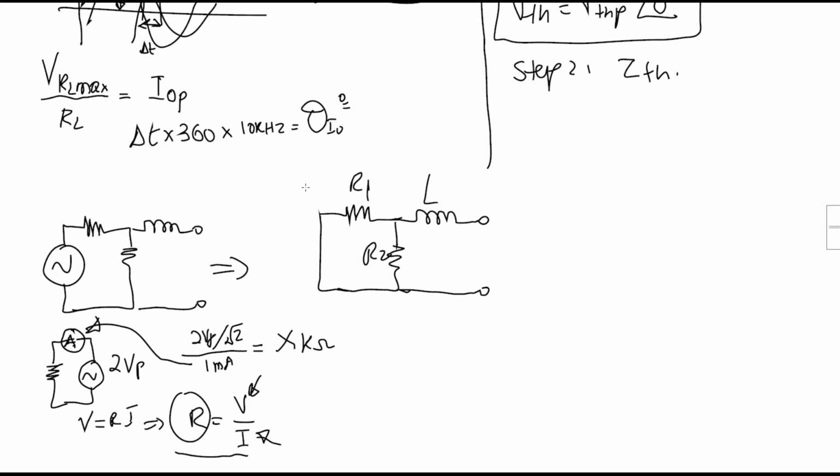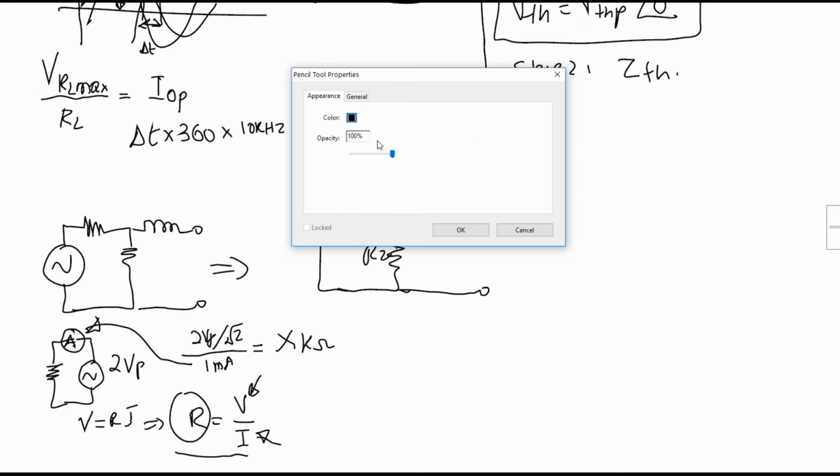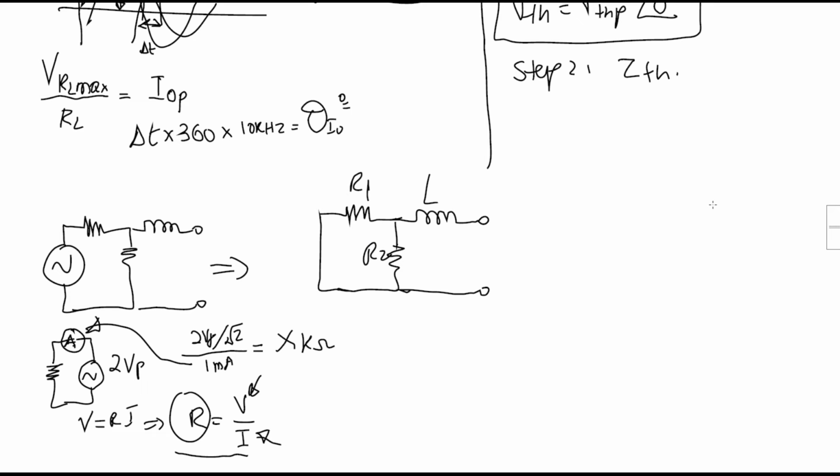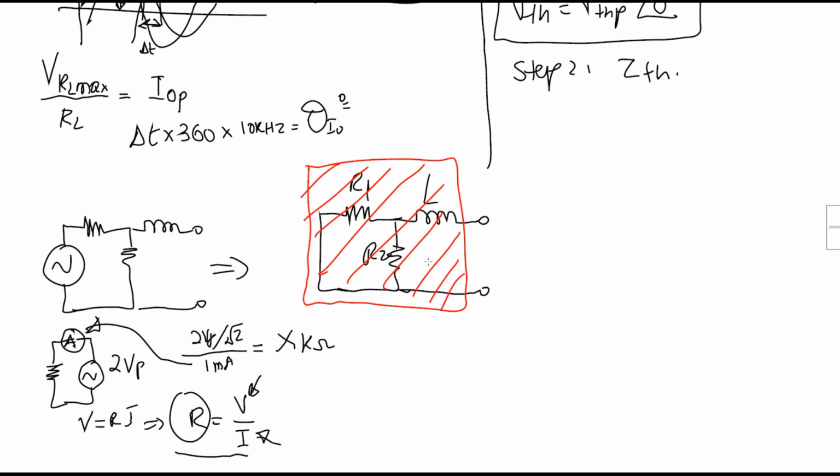So the same technique should be used for our circuit. Let's imagine, for example, that this one here is a black box where we don't know exactly what is inside. It can be a resistive load, an inductive, or a capacitive network. We don't know.